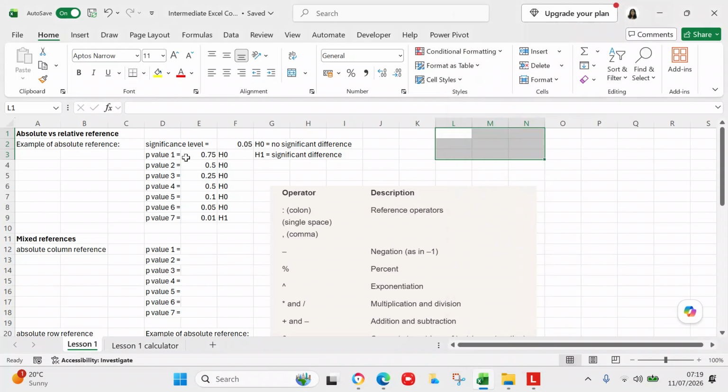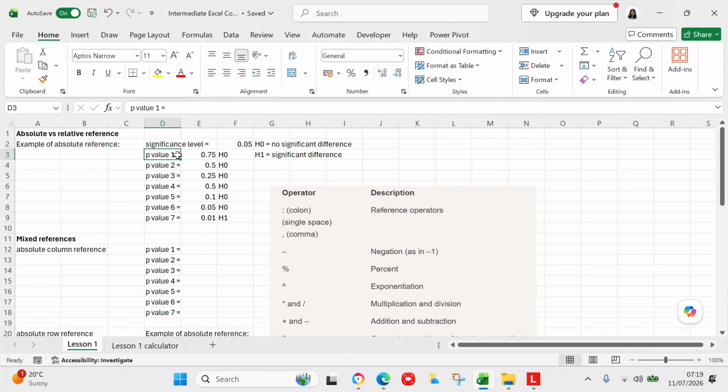Just so you can understand, if the p-value is greater than 0.05, then there's no significant difference. But if it's less than 0.05, then it is a significant difference.